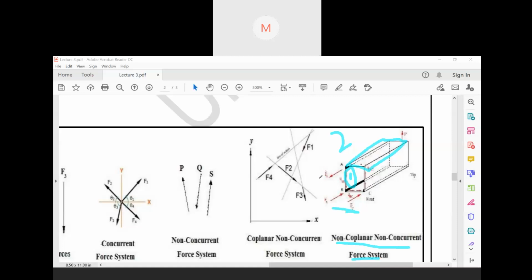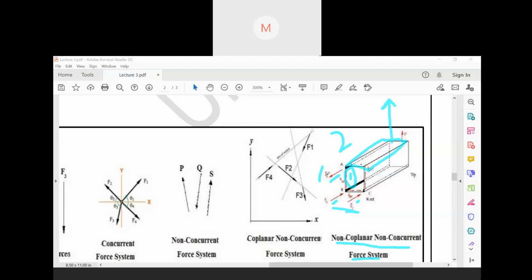These forces are coming out in this direction, right? Yes or no? But then this is one plane. Now if you see this P is coming from this plane, no? Plane number 2. So what does that mean? It does not lie on the same plane. That is why non-coplanar.